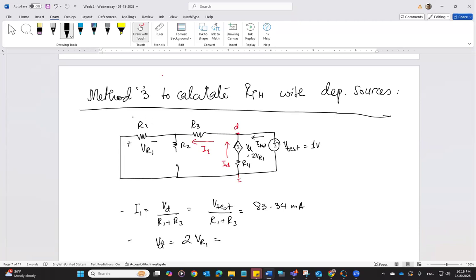So the voltage drop in R1 will be I1 times R1, but the VR1 polarity is opposite of that. Therefore, VR1 is negative I1 times R1.